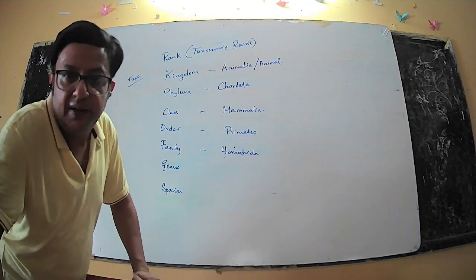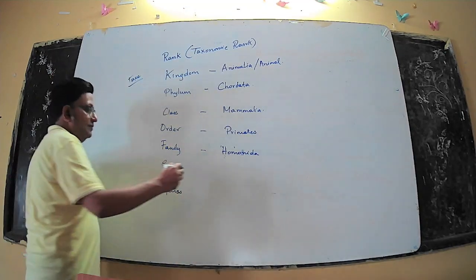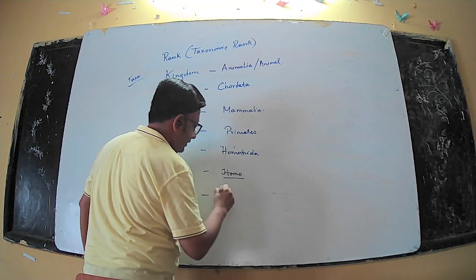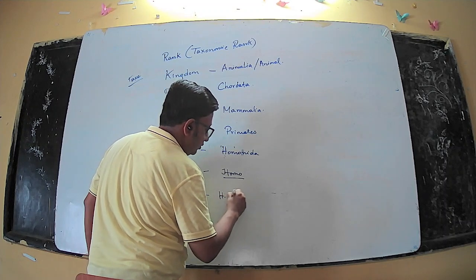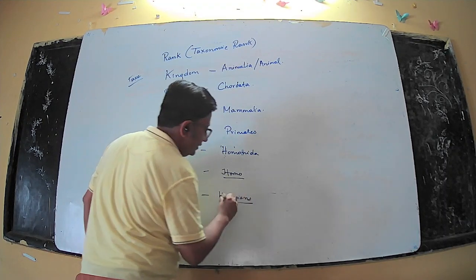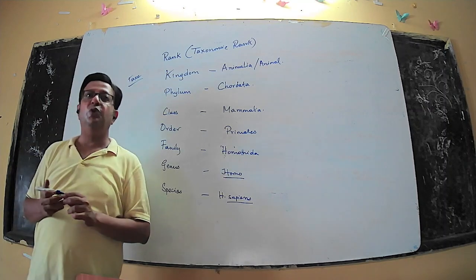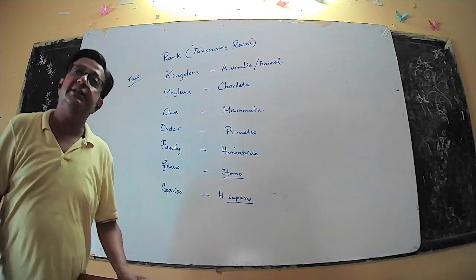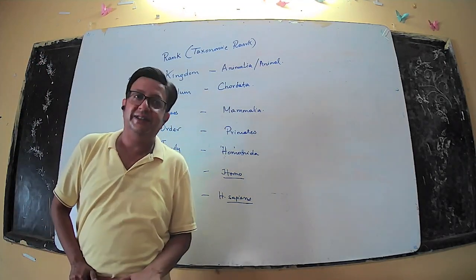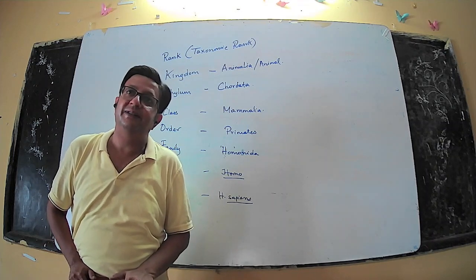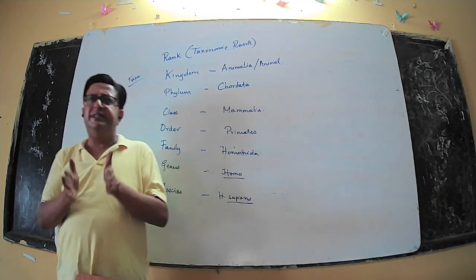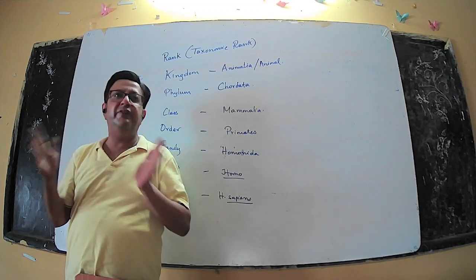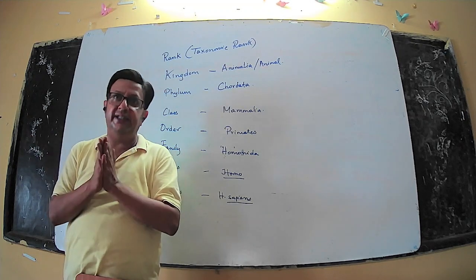Then you have the genus Homo, and here you have to write Homo sapiens. Finally, you can go to subspecies, Homo sapiens sapiens, but some 5,000 years back there was another subspecies, Homo sapiens neanderthalensis. The modern biological system of classification says that one species is different from another when they cannot mate with each other.